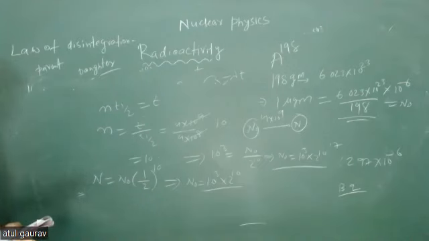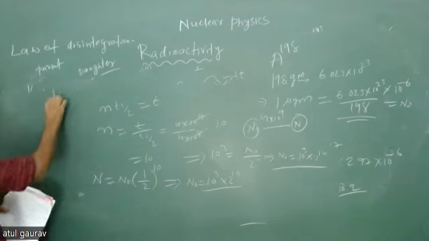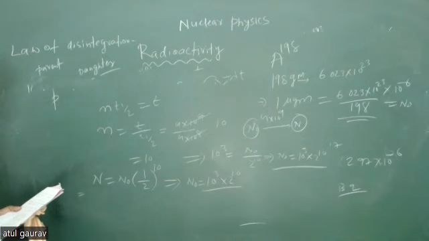Can you just repeat? Yes, a particular type of nucleus with decay constant lambda is produced at a steady rate of P. Steady rate, how much is given? P nuclei per second. Full stop.